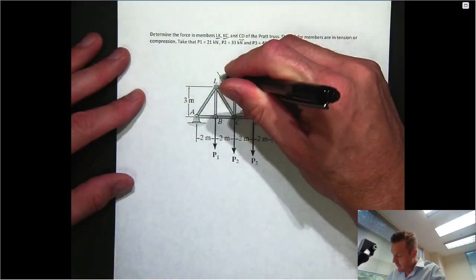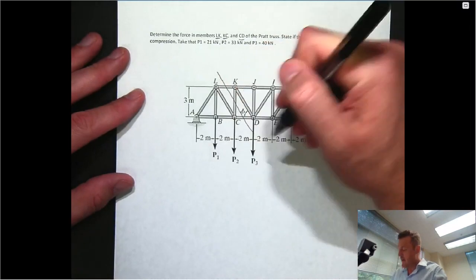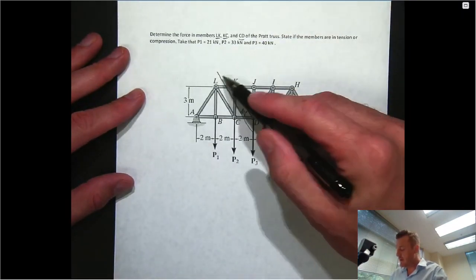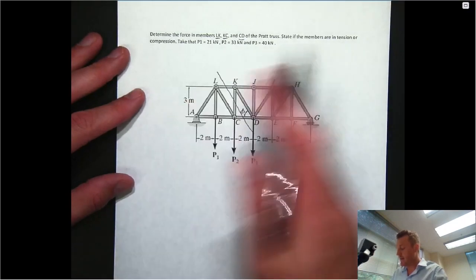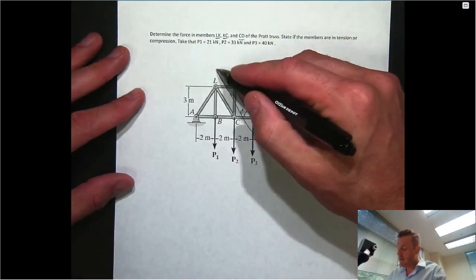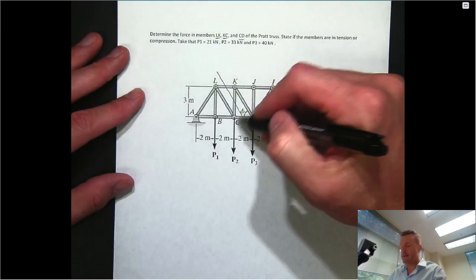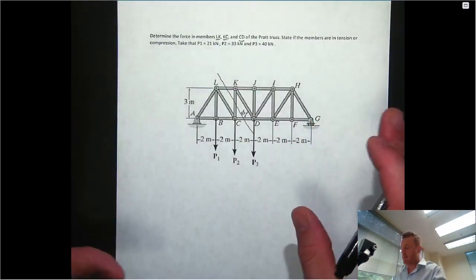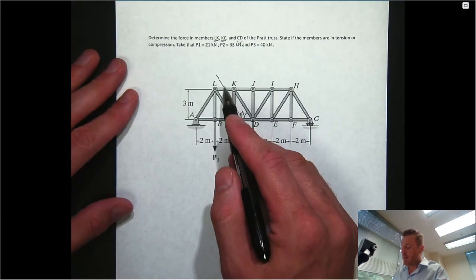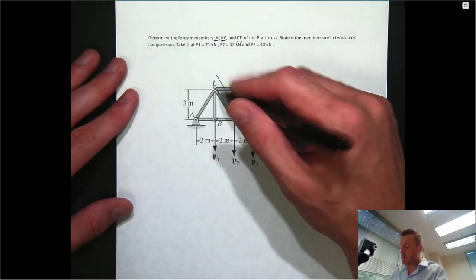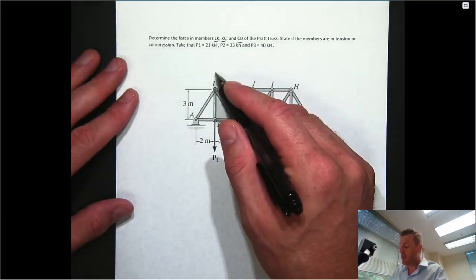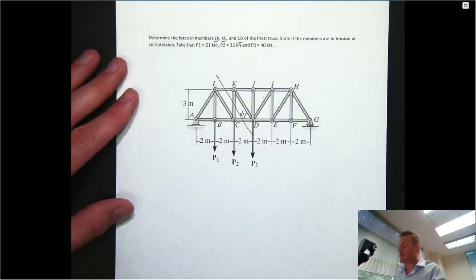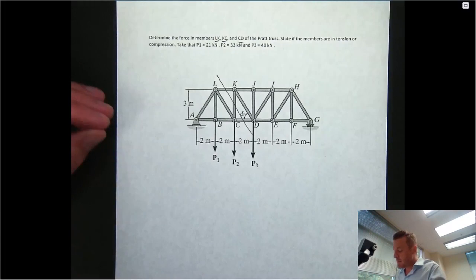So if you notice, if I draw a line like I've shown here, that would have the capability to partition the truss into a left section and the right section, and it would partition the members LK, KC, and CD. And if you remember back to the prior learning module, when you actually draw the 2 separate free body diagrams, at the point of partition, you would draw in the internal tensile force that we're assuming exists in each of these members.